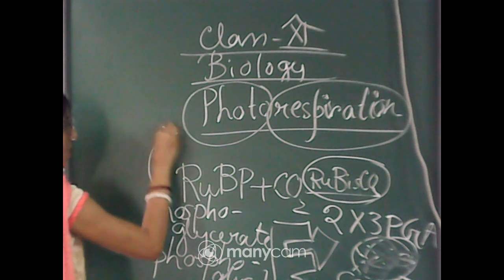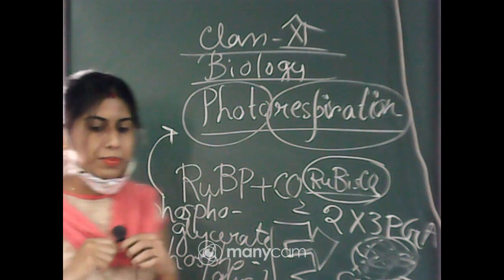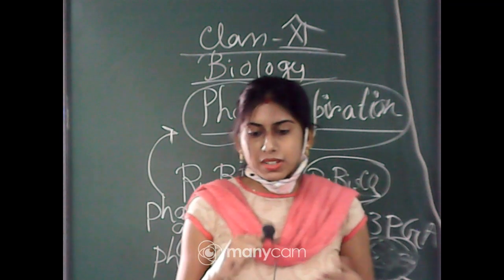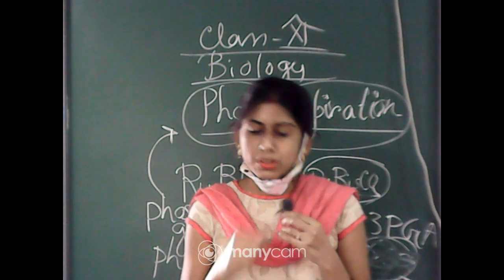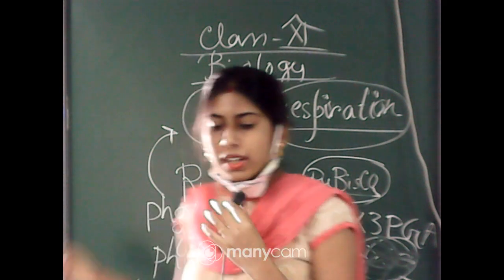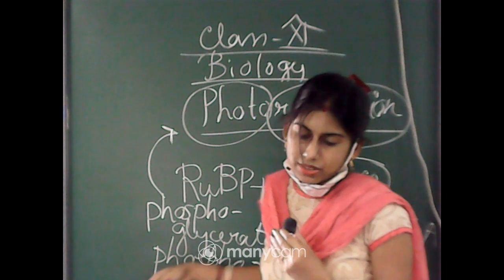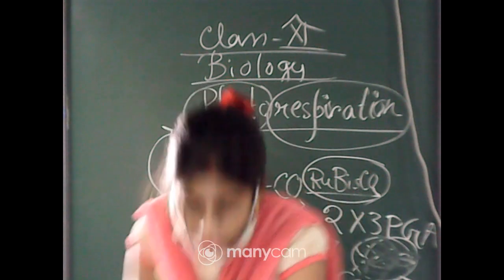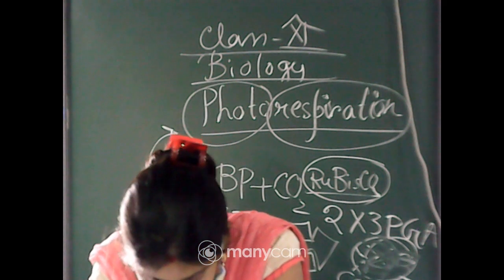If oxygen binds, these molecules will be formed, and the formation of these two by this particular pathway is called photorespiration. A series of events occurs and ultimately these two are formed. You don't have to read the pathway, you just have to remember the products. So these are the products of photorespiration.